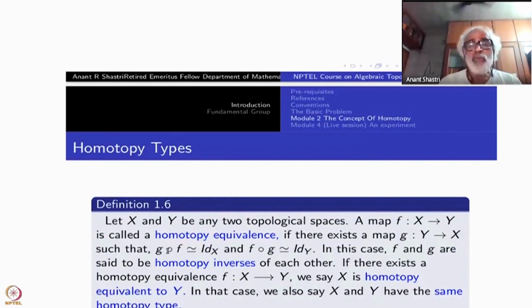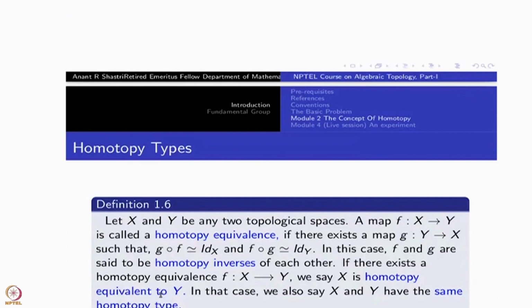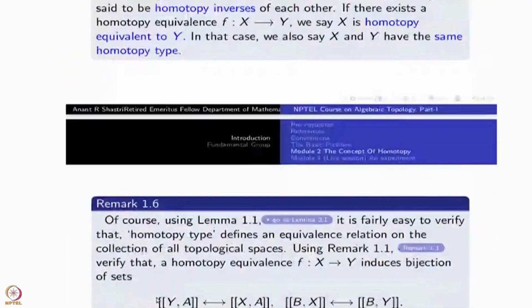Whenever there exists such an f from X to Y which is a homotopy equivalence, we say X is homotopic to Y. Like the function f is homotopic to g, now the space X is homotopic to Y, or X and Y are homotopy equivalent, or they have the same homotopy type. All these terminologies are used.